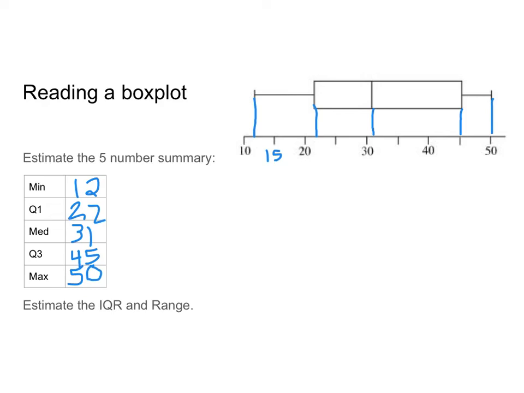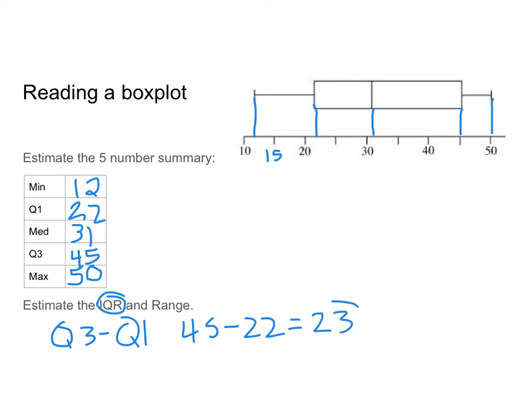And then the IQR. So you remember that that is Q3 minus Q1. So we're going to do 45 minus 22. This is for the IQR. And that would give us 23 for the IQR.